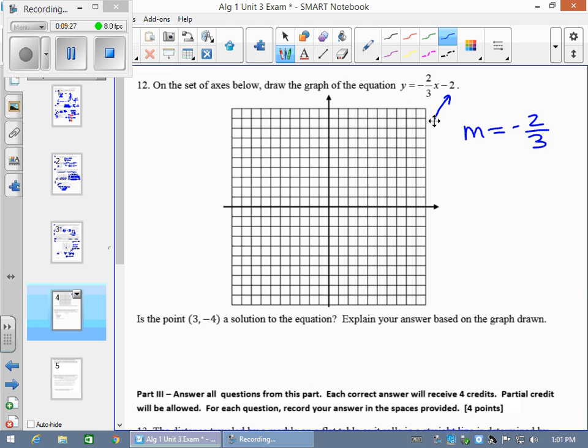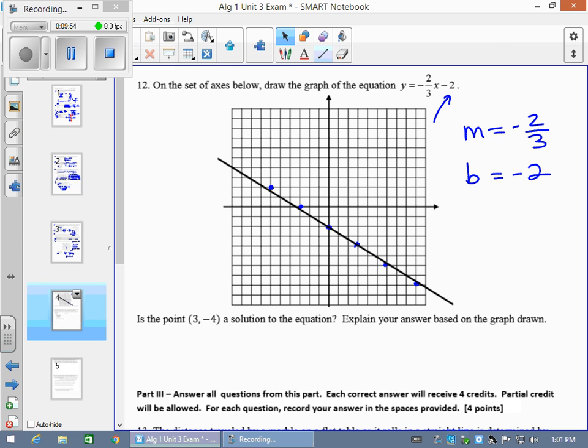So I'm going to start by graphing my y-intercept down here at negative 2, and then a slope of negative 2 over 3 means I can either go down 2 to the right 3, put myself a couple points here, or I could go up 2 to the left 3. Because I'm using the smartboard, I'm going to use this straight edge, which you should be using if you were drawing this out by hand, making sure that you had a ruler. Okay, and then putting arrows on either end of your graph.